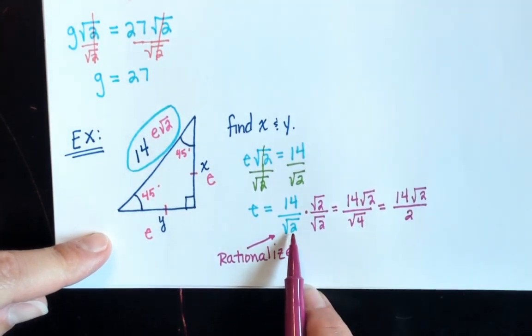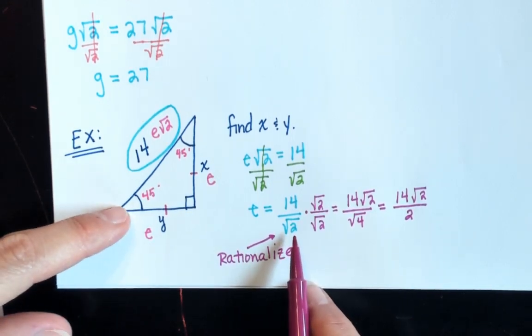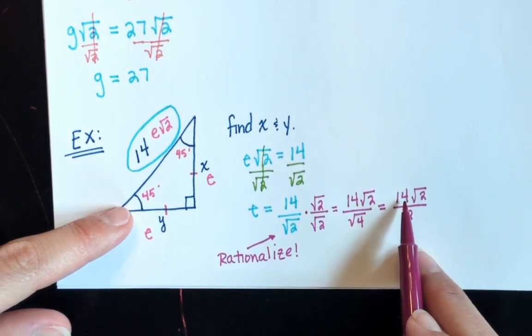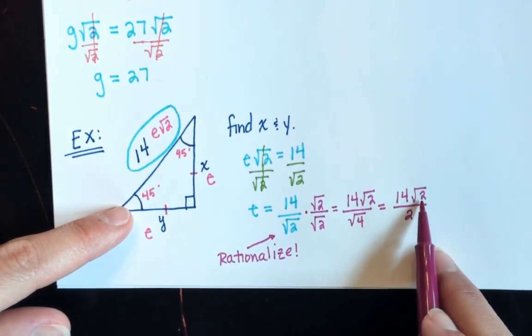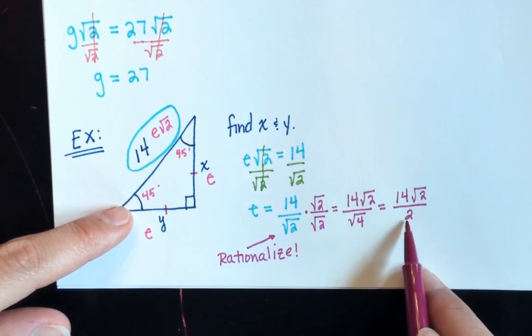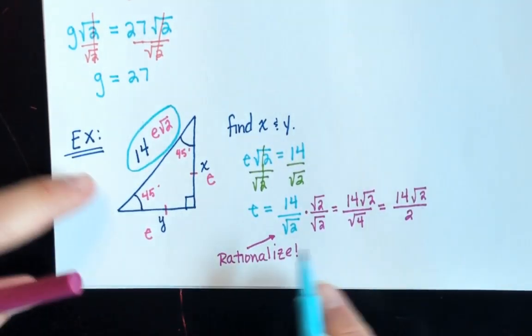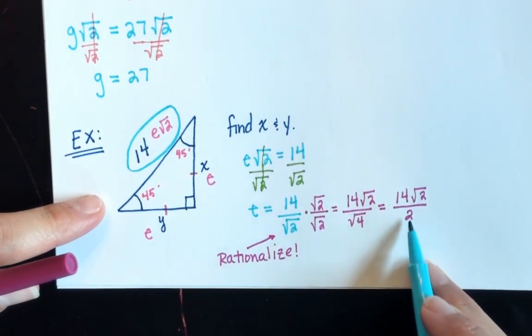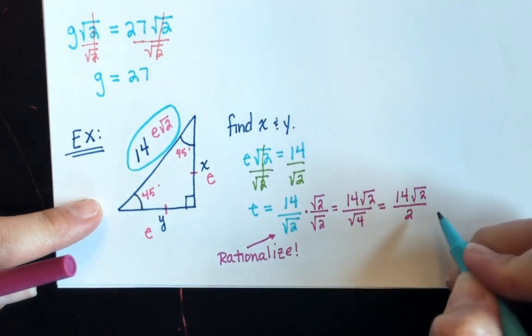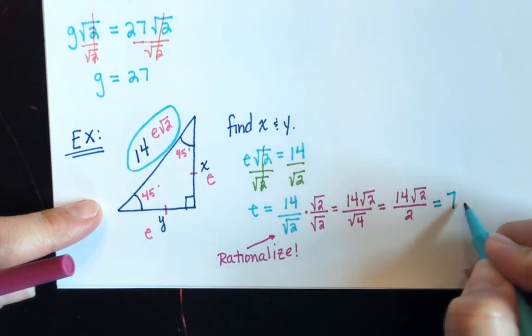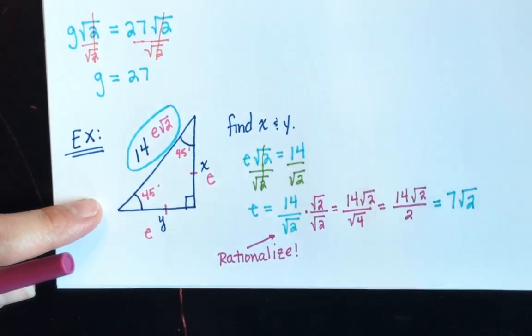Notice that's the number that's inside here. This pattern, every time we rationalize, will be the same. Numerator stays the same, the radical appears in the top, and just the number is now on the bottom. So the only other thing I have to do here to solve for e is just make sure that I reduce. The 14 over the 2 can simplify, and that is 7 radical 2.